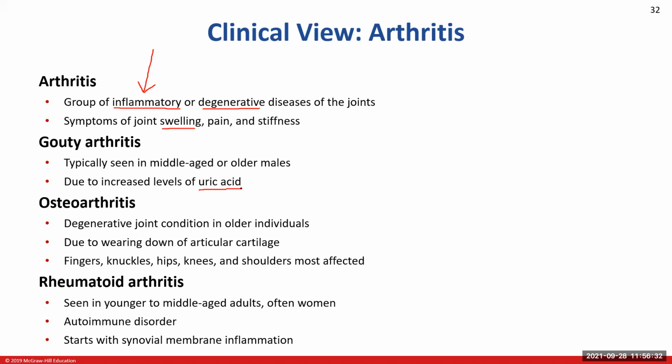For those of you that have ever had gout, it's very painful. So remember what I was saying: we want very little friction in these joints. Well, guess what? Gout doesn't do that. These uric acid crystals precipitate out, and now you have these crystals floating around in the joints, causing friction and pain and damage.